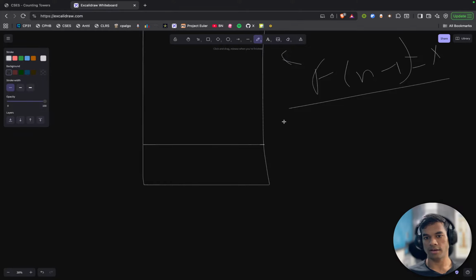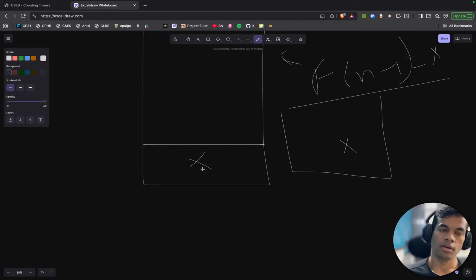If I do not make a line here, then the answer is going to be exactly x. Or if I do make a line here, then there are going to be two possibilities, that is to split this or not. So if this thing is x, and if I do not make a line here, then the answer is x.